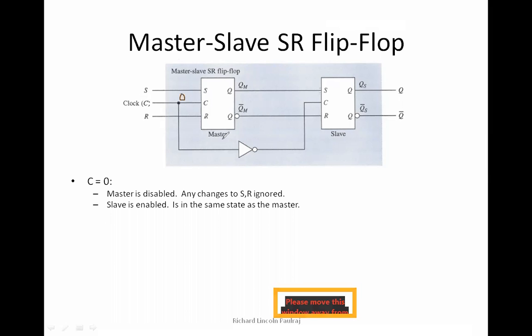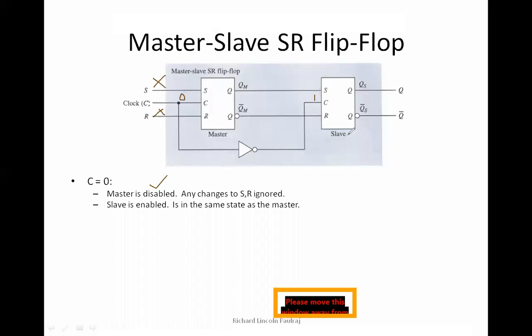So if I give a 0 here, I'm getting a 1 here. In that case, the master is disabled. Any changes to SR, whatever value I give to SR, it's as good as don't care, because the master is disabled.